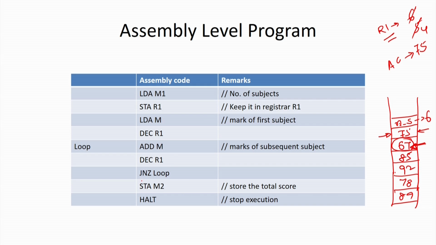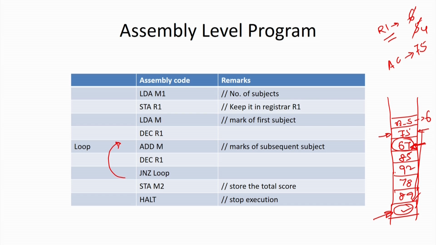We say jump if not equal to 0, then go back to this particular memory location and fetch this operation. It will stay in this loop till we exhaust this particular 6 numbers. Once it is over, store accumulator m 2. The result we store in some memory location, and after getting the result in the memory location, we halt. So, this is the way we are going to do it.